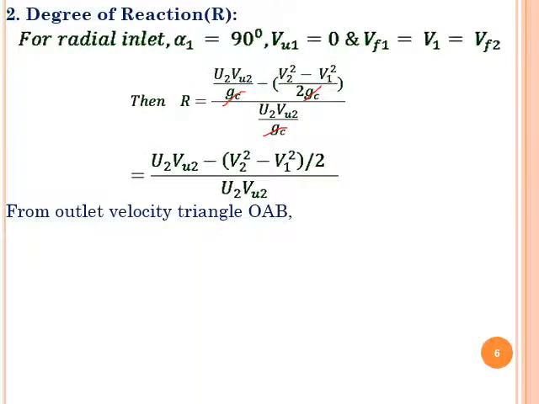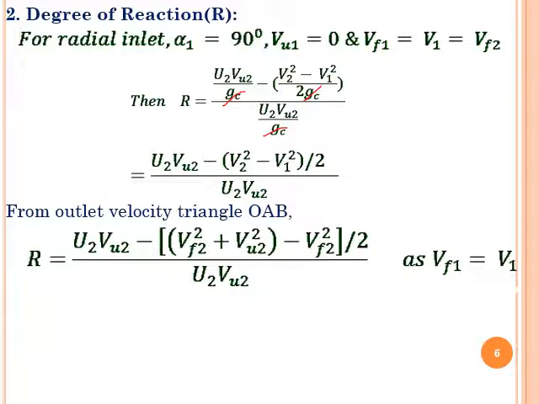From the outlet velocity triangle OAB, the degree of reaction R is equal to U2 Vu2 minus, now V2 square is written as Vf2 square plus Vu2 square, correct? So V2 square is equal to Vf2 square plus Vu2 square, minus Vu1 square, which is equal to Vf2 square.